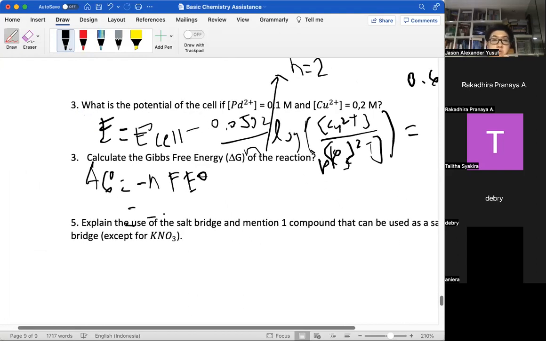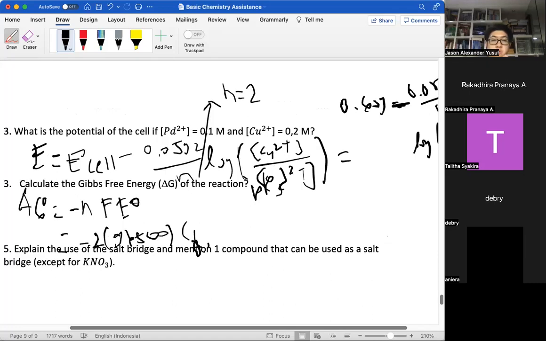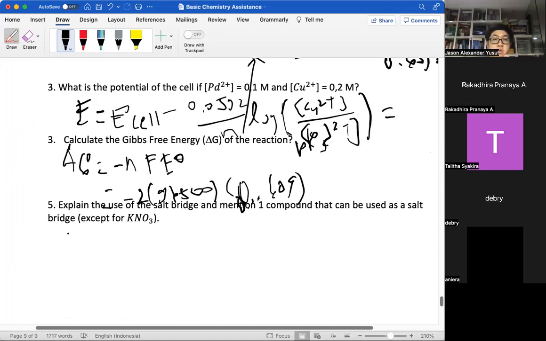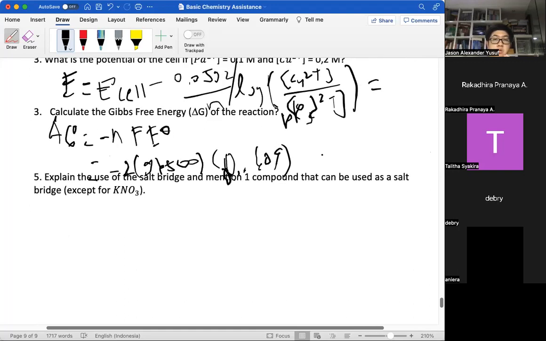So this is negative 2 times 96500 times 0.609. When you study thermochemistry, you're going to know what Gibbs free energy is. That's the final part of the calculation, you just need to put that in the calculator.